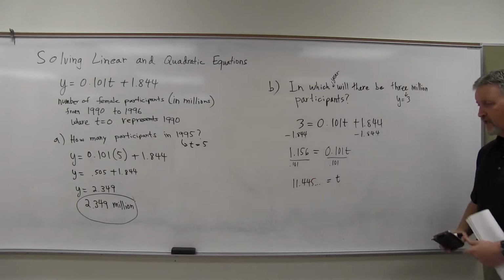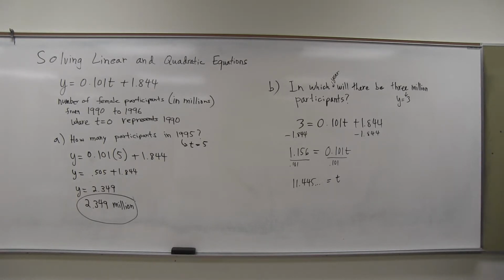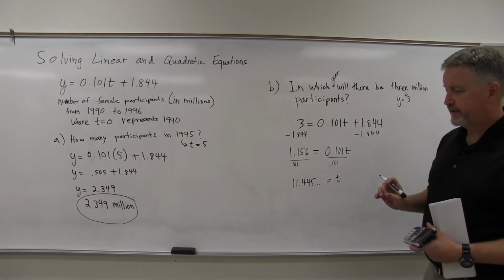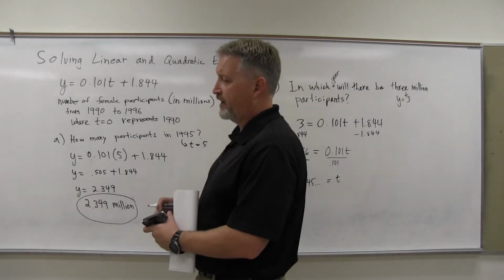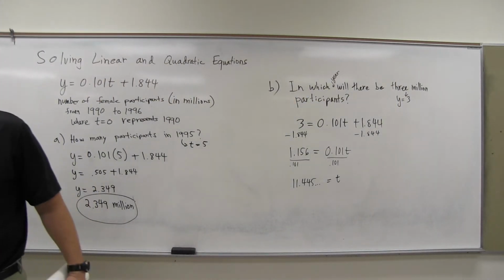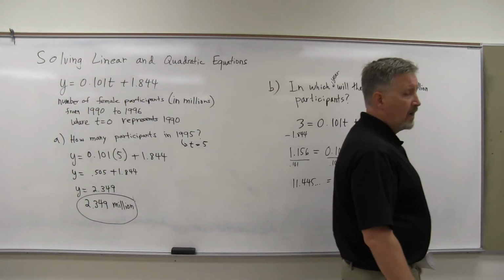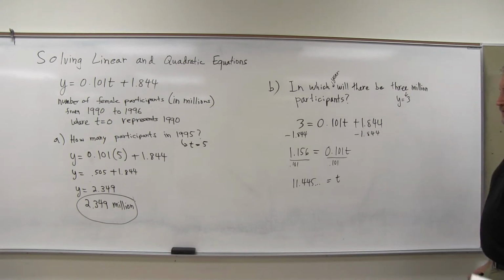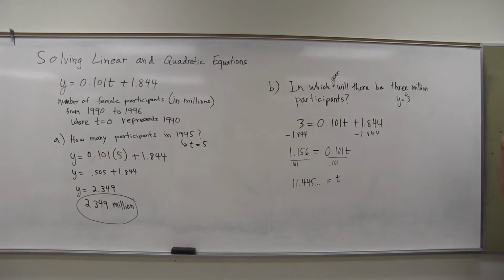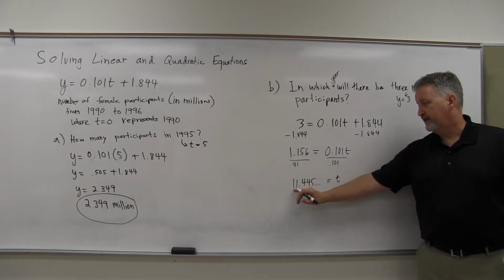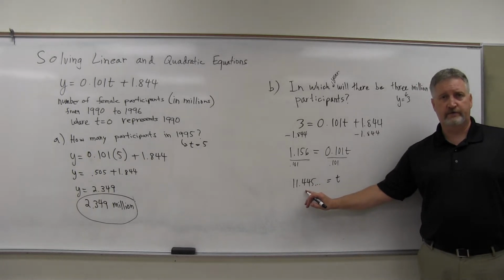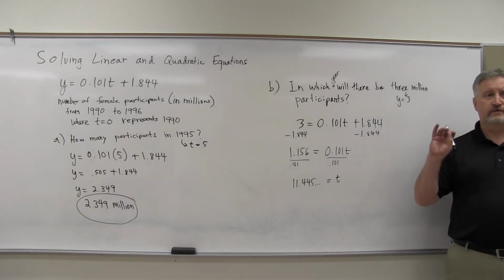Now, in which year will there be 3 million? It's wanting a year. T is in years, so that is years. However, let's think about that. Our years are referenced, t equals 0 is 1990. If I just add 11 years to 1990, that wouldn't be quite what we need. This is saying I need 11 plus a little bit more to get to 3 million participants.